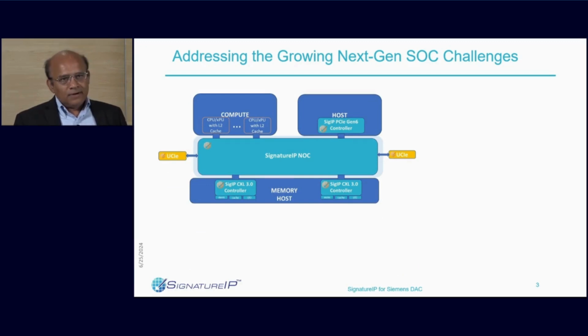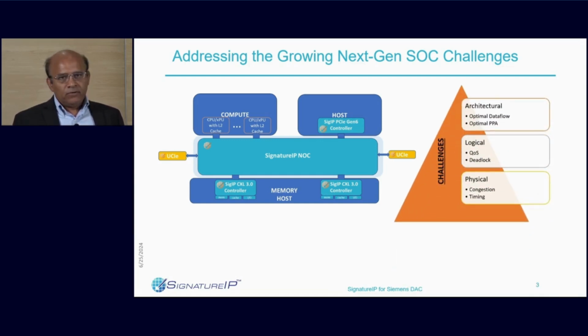So now let's go over some of the challenges that we face on the architecture side, on the logic side, and on the physical design side. You can look at any complex SoC. The baseline IP of any complex SoC is a NOC, network on chip, and everything happens around the network on chip.